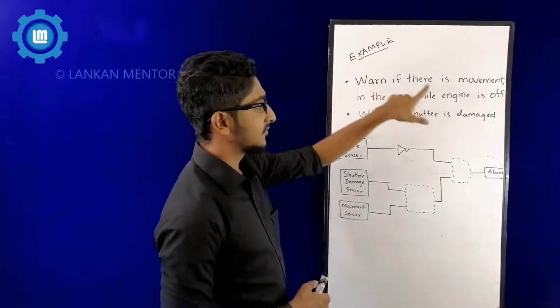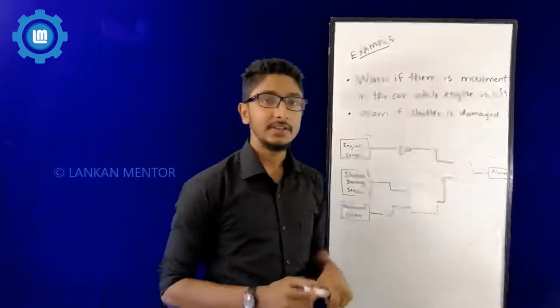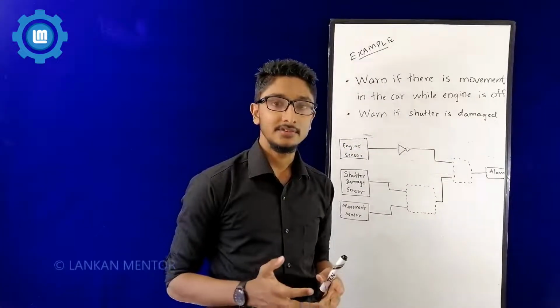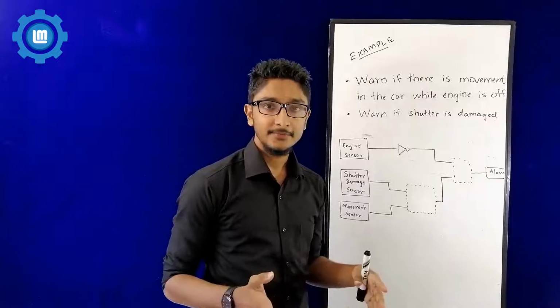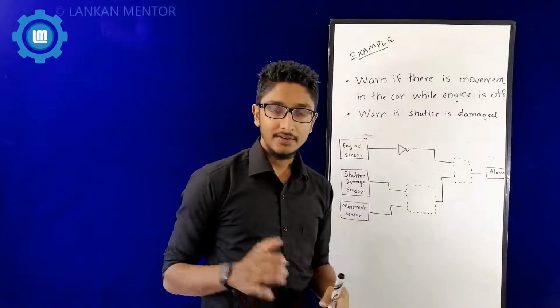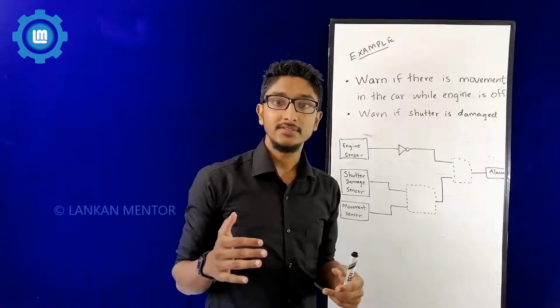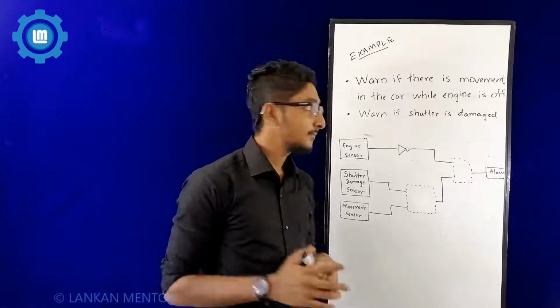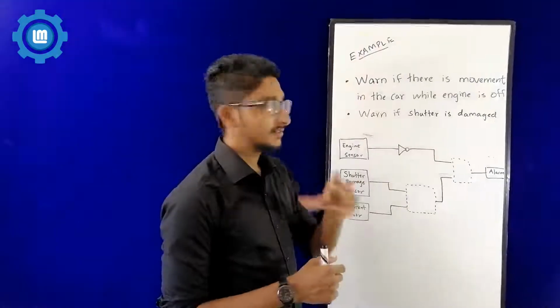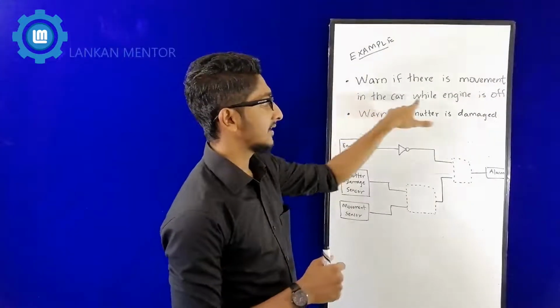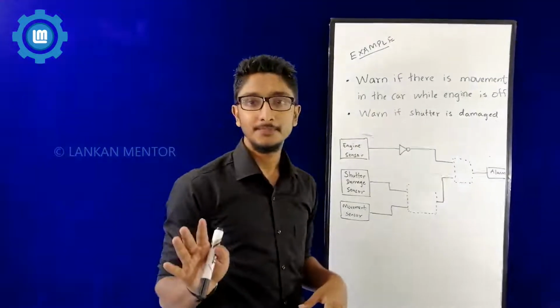Warn if there is movement in the car when the engine is not on. This means when the engine is off. When the engine is off, if the car is moving, how can a car move if the engine is not on, right? So that circuit should warn if there is movement in the car when the engine is off, right?